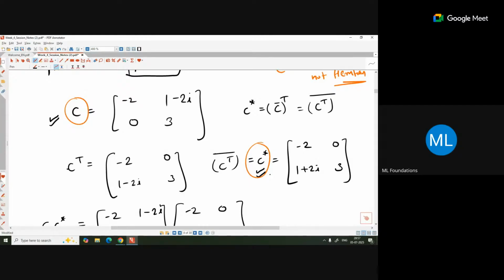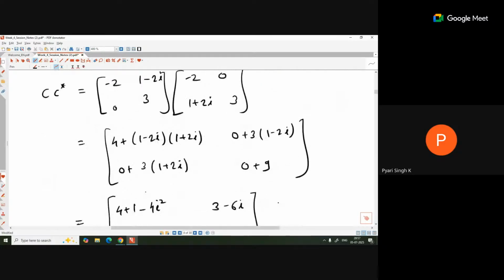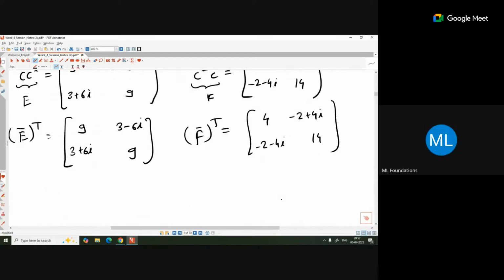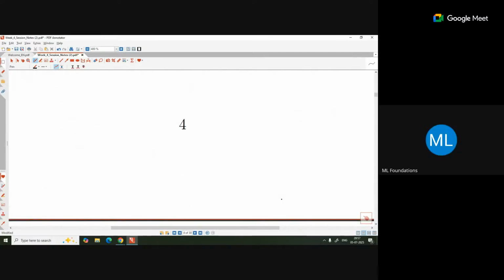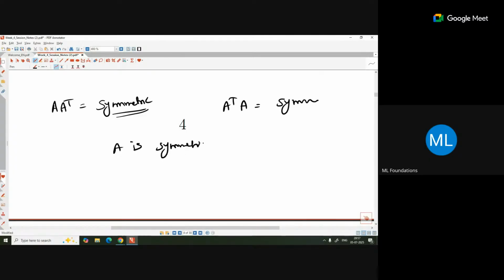Okay, I think I got it. Not about upper triangular. For a real matrix A, A transpose A is symmetric, whether A is symmetric or not. Is it fine?